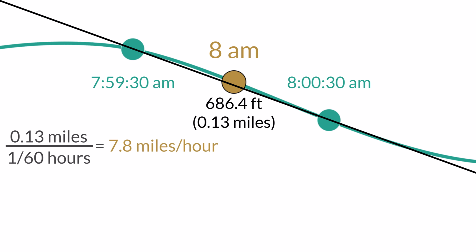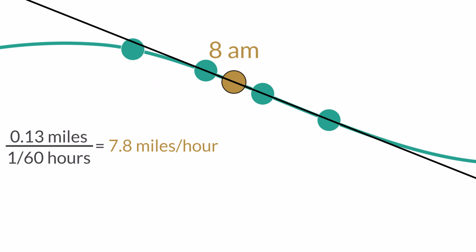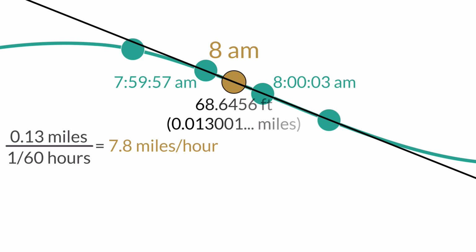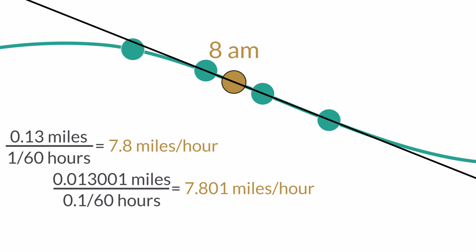Now, what if we wanted an even better approximation of that speed at 8 a.m.? What if we took an even smaller interval of time? Let's say after 0.1 minute, I traveled 68.6456 feet. Then we could calculate that average speed by taking that distance over the change in time. An even better approximation could be if we were to look at an even smaller amount of time, say 0.01 minutes.